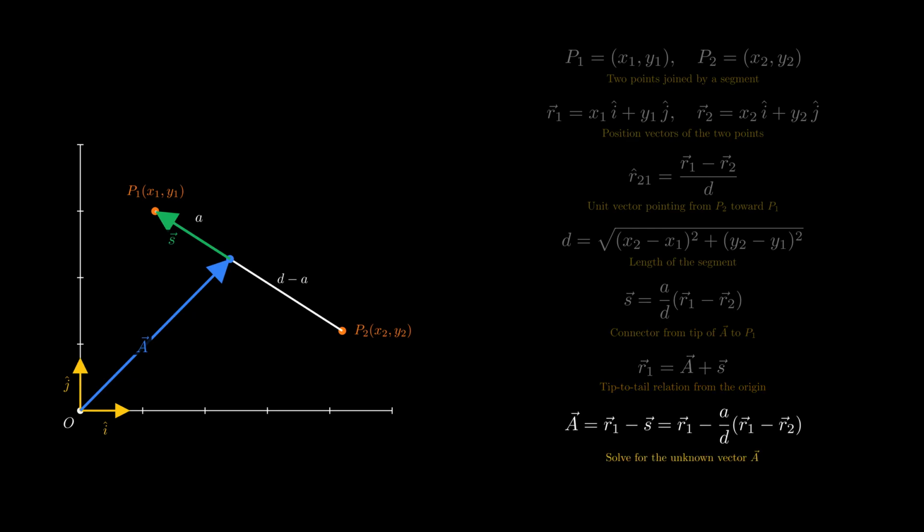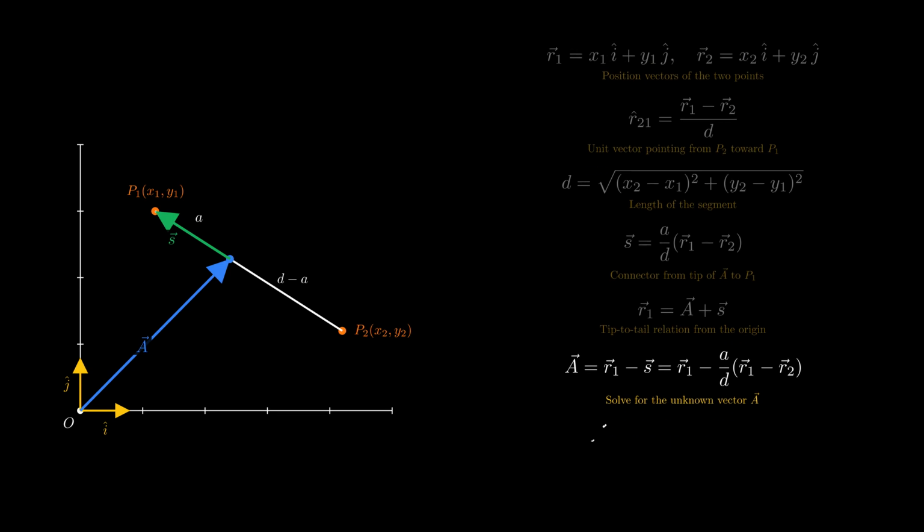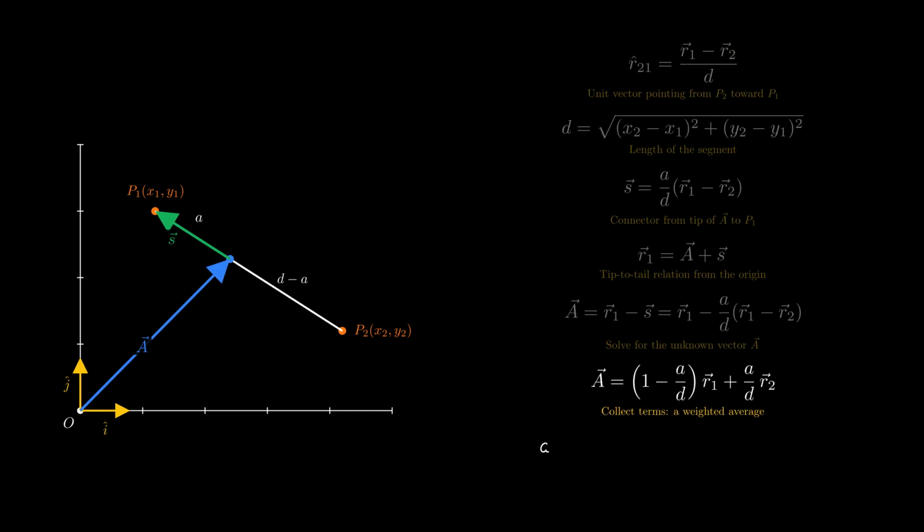Solve for the unknown. Vector A equals R1 minus S, which is R1 minus little a over d times (R1 minus R2). Collect terms: vector A equals the quantity (1 minus little a over d) times R1 plus little a over d times R2. This is a weighted average of the two position vectors. Check the extremes.